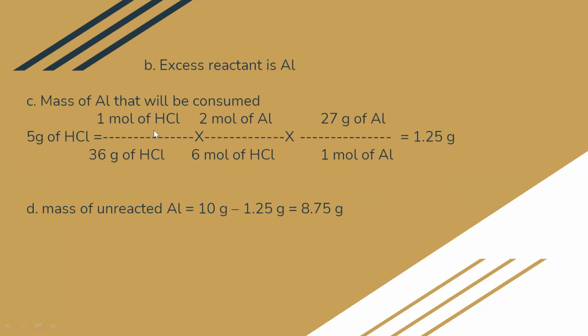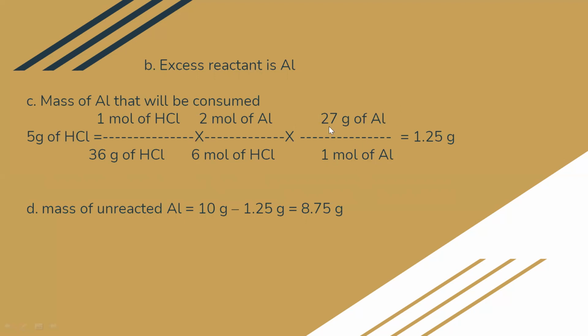So that would be 1 mole of hydrogen chloride over 36 grams of hydrogen chloride, times 2 moles of aluminum over 6 moles of hydrogen chloride. This came from the coefficients, times 27 grams of aluminum. This is the molar mass of aluminum over 1 mole of aluminum.